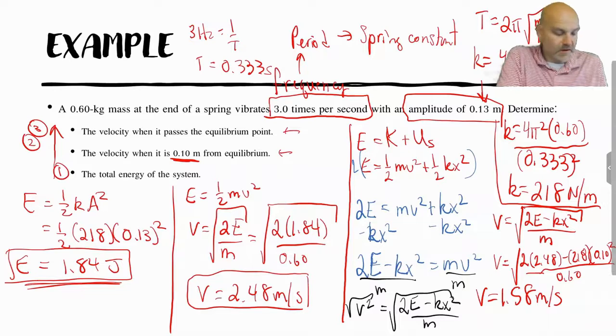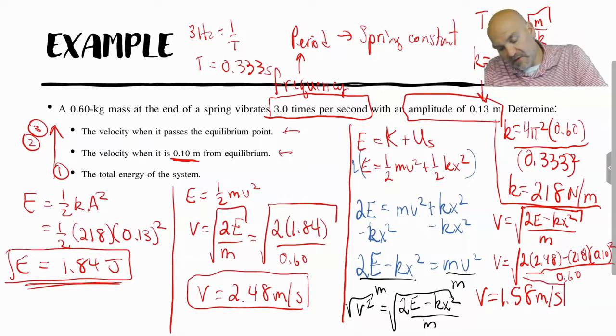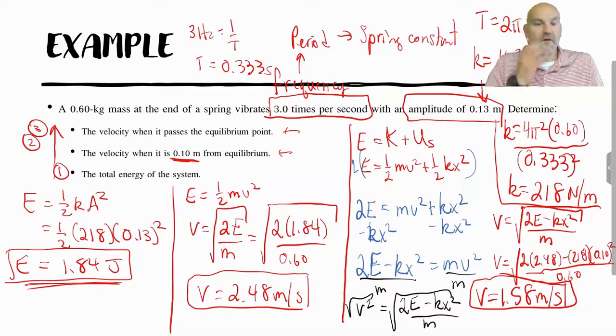So 2 times 2.48 minus k, so 218 times 0.1 squared divided by 0.60, and the square root of that. Apparently it's not 1.58. Apparently it's going to be, oh, I put the wrong number in. I apologize. Because our energy is not 2.48, that's our speed at equilibrium. It's 1.84. Divided by 0.6, square root of that. So yes, it is 1.58 meters per second.